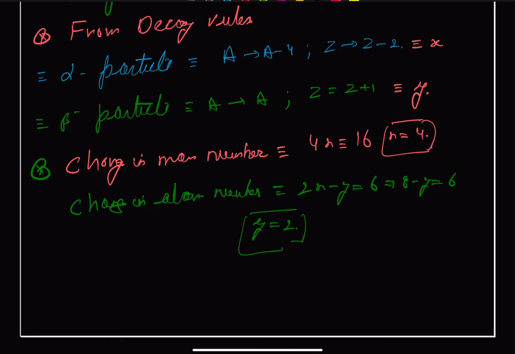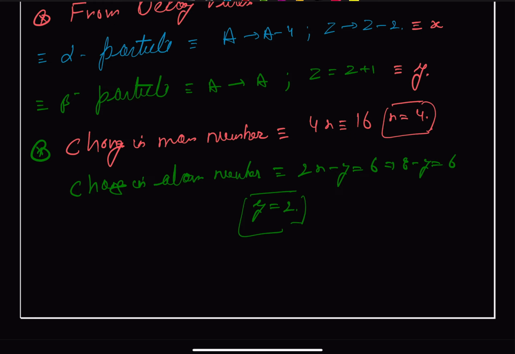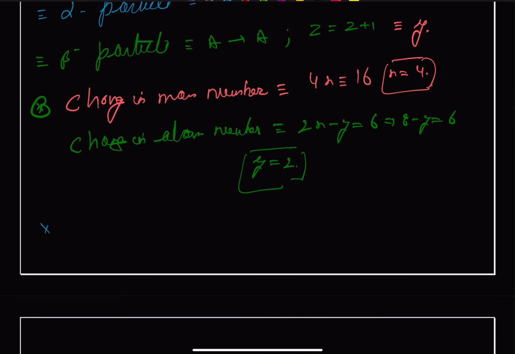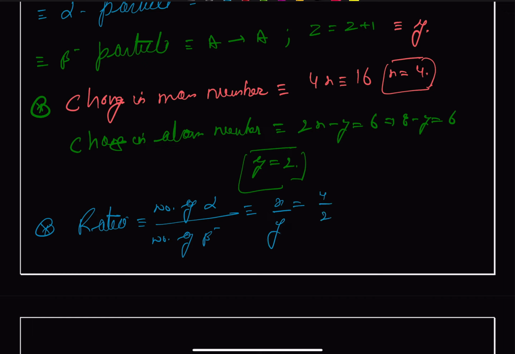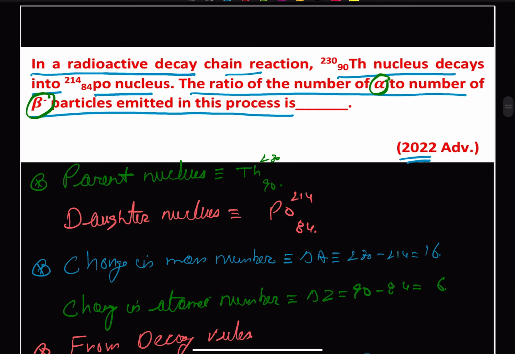And we are required to find out the ratio, that is x upon y. So our ratio, number of alpha to number of beta negative, is x upon y. So this comes as 4 upon 2, giving us 2. So the final answer is ratio is 2.